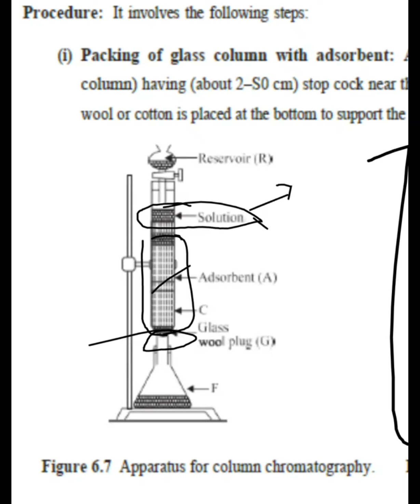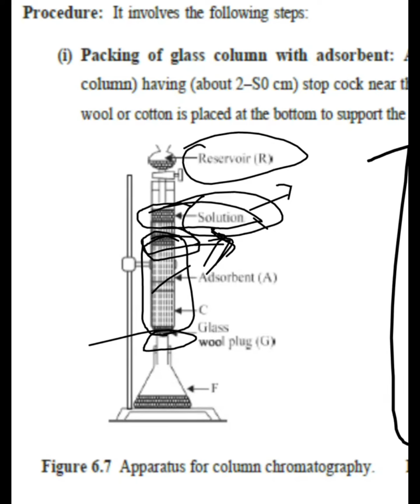This band is the sample which needs to be separated, whether phytoconstituents or synthesized organic compounds or molecules. It is a mixture. First, we add the mixture which needs to be separated, and further we add the starting solution, that is the mobile phase, using reservoirs. A reservoir holds the solution in large quantity.